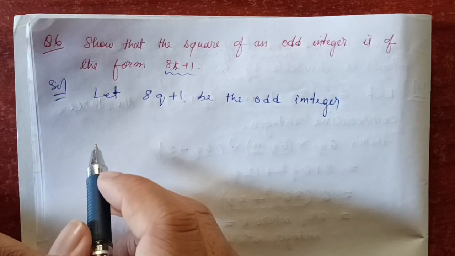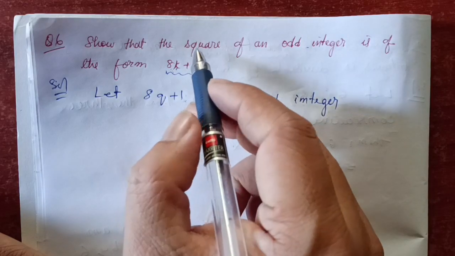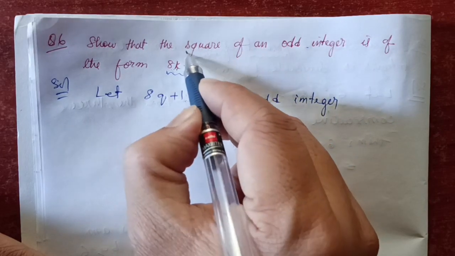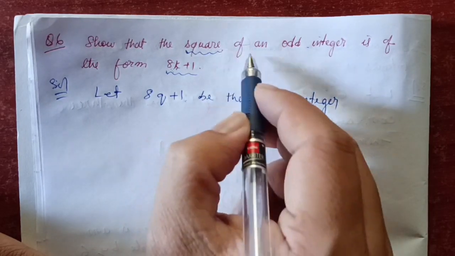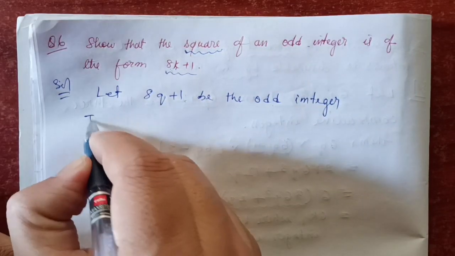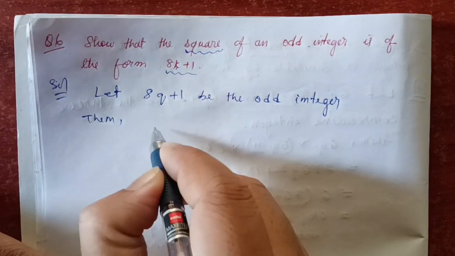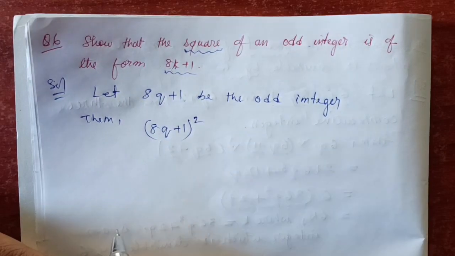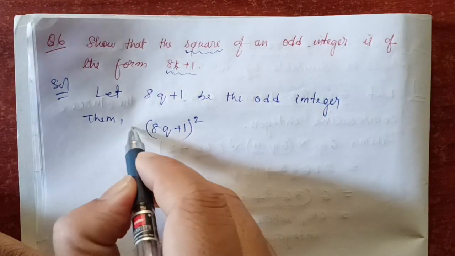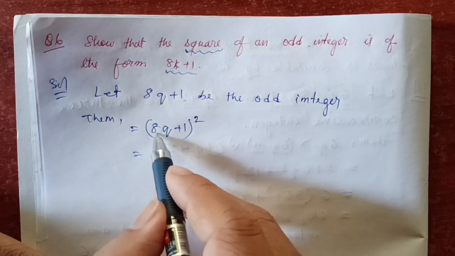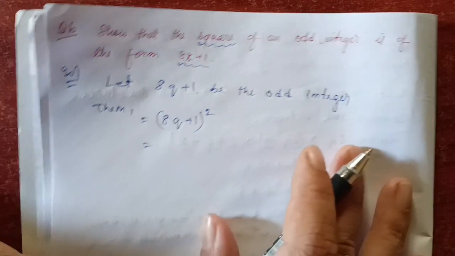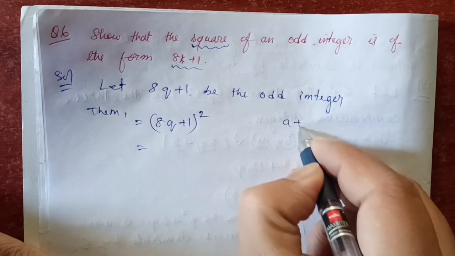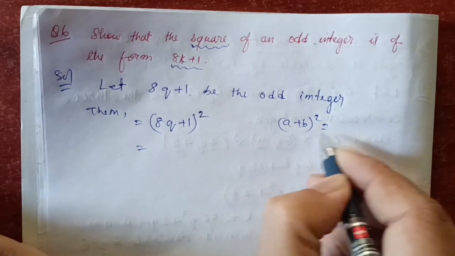Alright, and now read the question. What did the question say? The question says that square, right? We should take the square. Then 8q plus 1. Now let us take the square. Since the question said take the square, we are taking the square. You know the a plus b whole square formula?